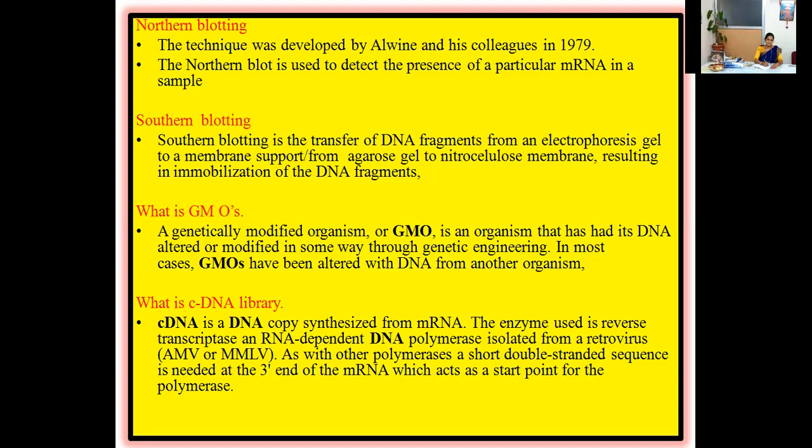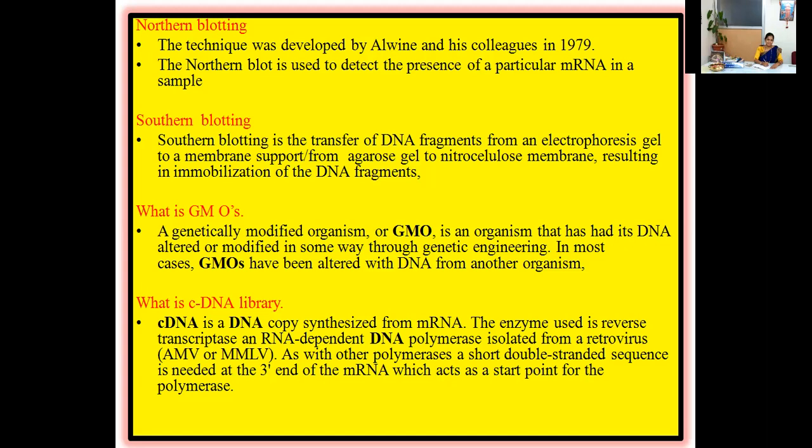Now coming to what is a cDNA library. A cDNA library is a DNA copy synthesized from mRNA. The enzyme used is reverse transcriptase, an RNA-dependent DNA polymerase isolated from retroviruses, that is AMV and MMLV.